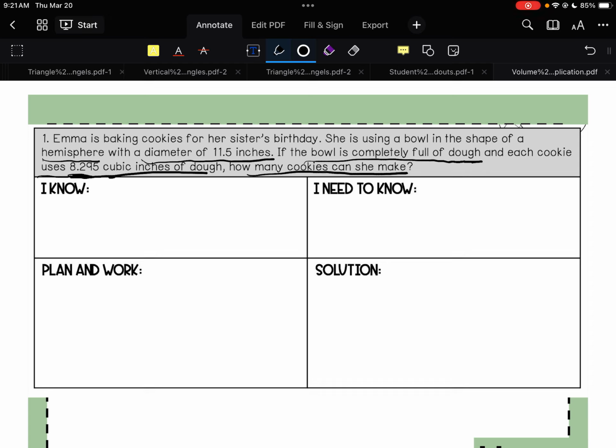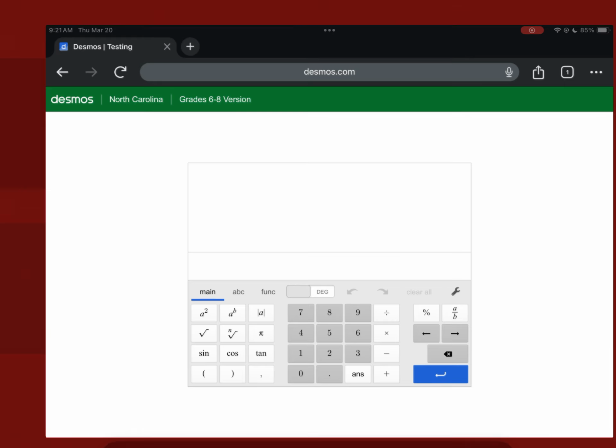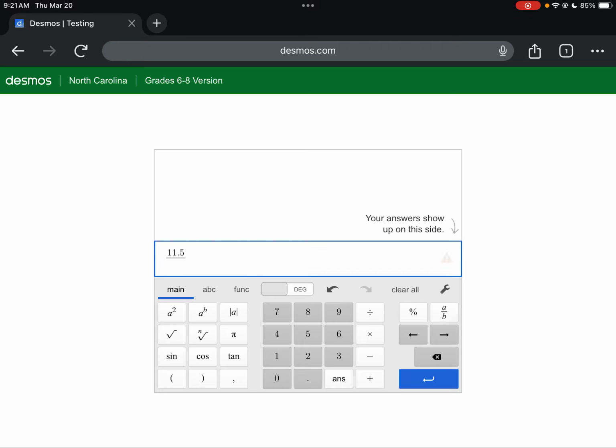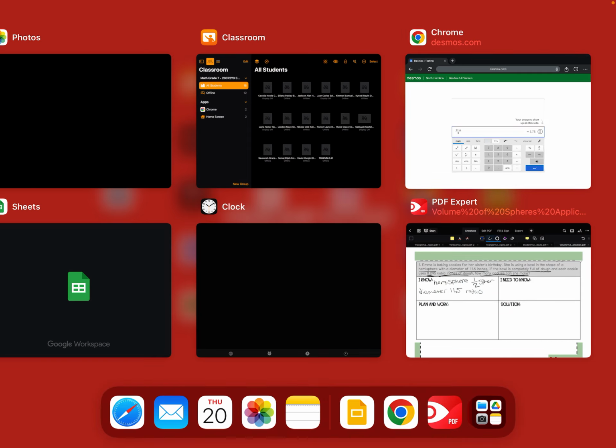So we know that it's a hemisphere, and hopefully from yesterday, we remember that a hemisphere is 1/2 of a sphere. We know that the diameter is 11.5, and so to find our radius, which we know anytime we're dealing with circles we really need, would be 11.5 divided by 2, which is 5.75.